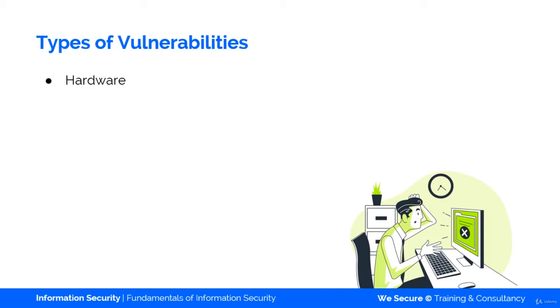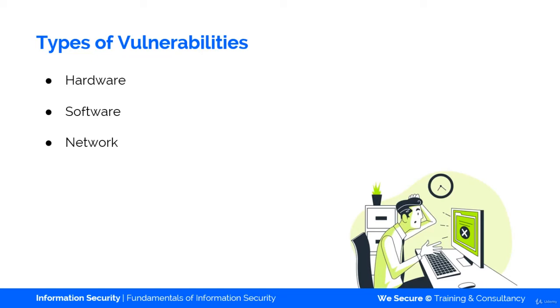Software vulnerability is insufficient software testing, a complicated user interface, unpatched software, malicious software with no license defined, or no policies defined. Network vulnerability: unprotected communication lines are a great example, or unpatched routers.